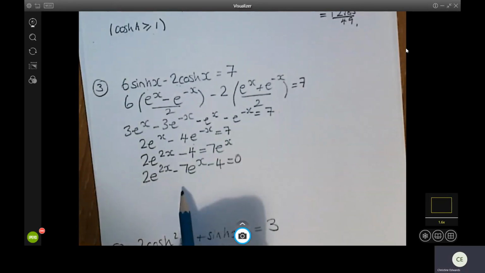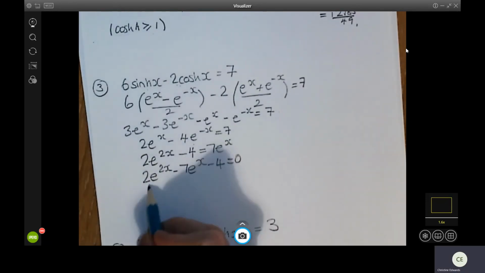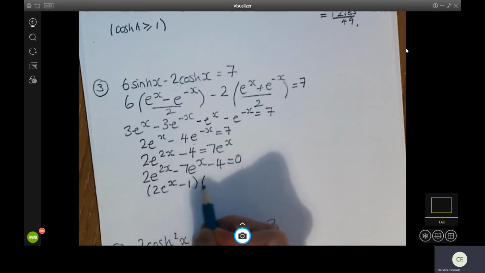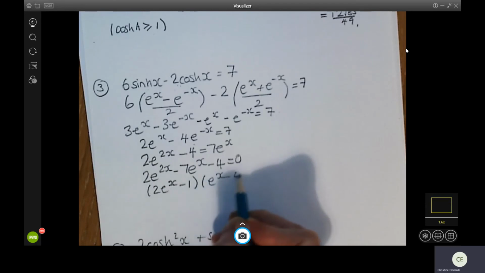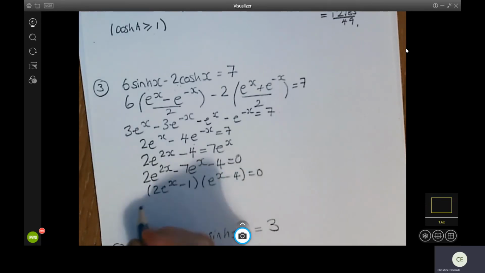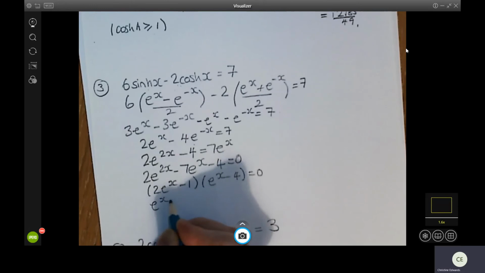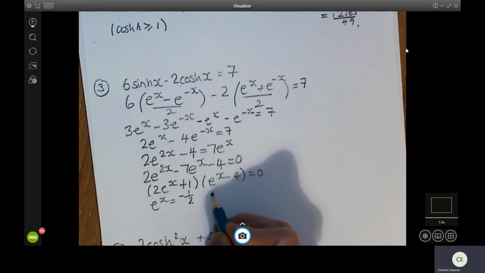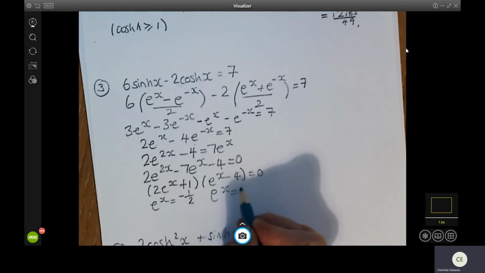This one I can factorize and solve, so that gives me (2e^x plus 1) and (e^x minus 4), which gives me e^x equals minus a half, oh sorry, that's a plus, and e^x equals 4.